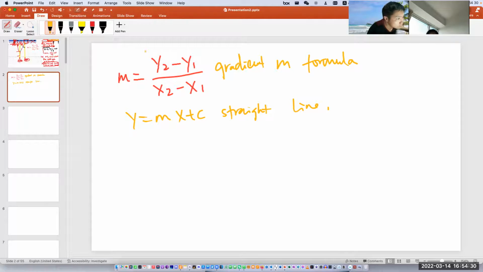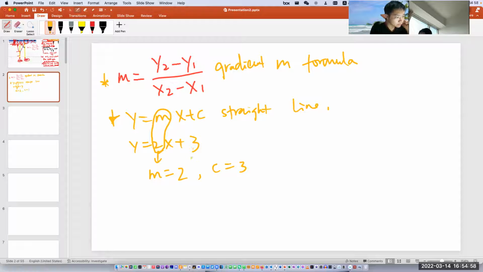These are two different things. Now, you are given y equals 2x plus 3 in the previous slide. So in this case, your m is already given. m is equal to 2, c is equal to 3.